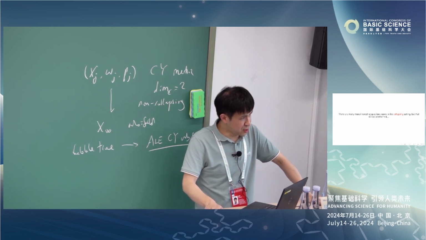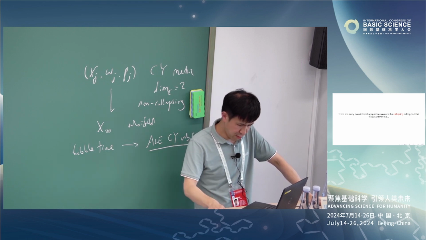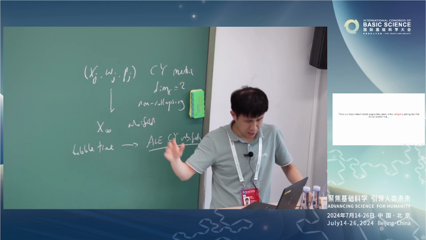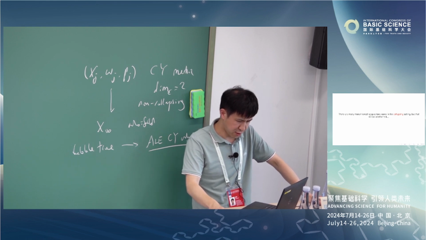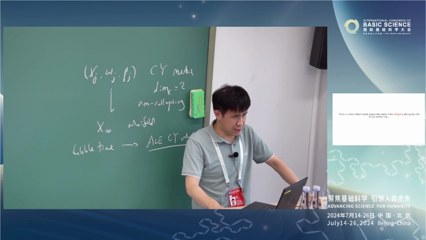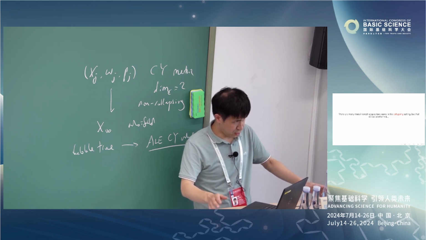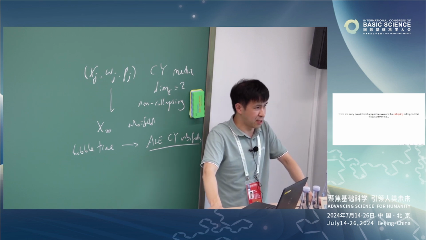On C^2, if it has Euclidean volume growth, it's known to be unique, essentially for topological reasons, because there are no non-trivial cycles in the space. In higher dimensions, you have to add conditions at infinity.